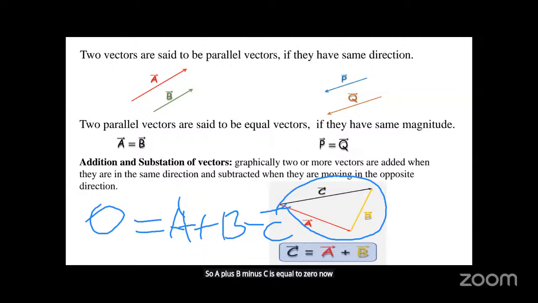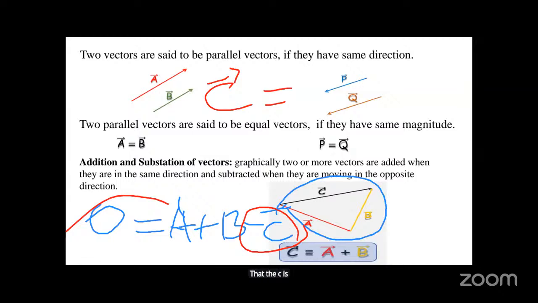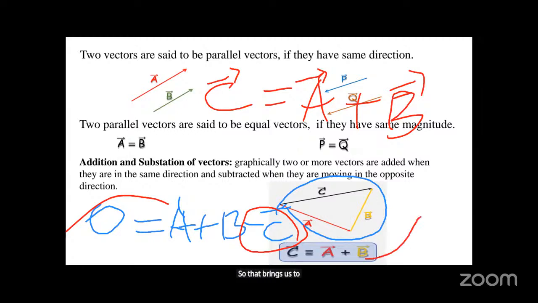Now, in that case, if I move minus C across the equality sign, that will give me vector C is equal to vector A plus vector B. So that brings us to this expression once again.